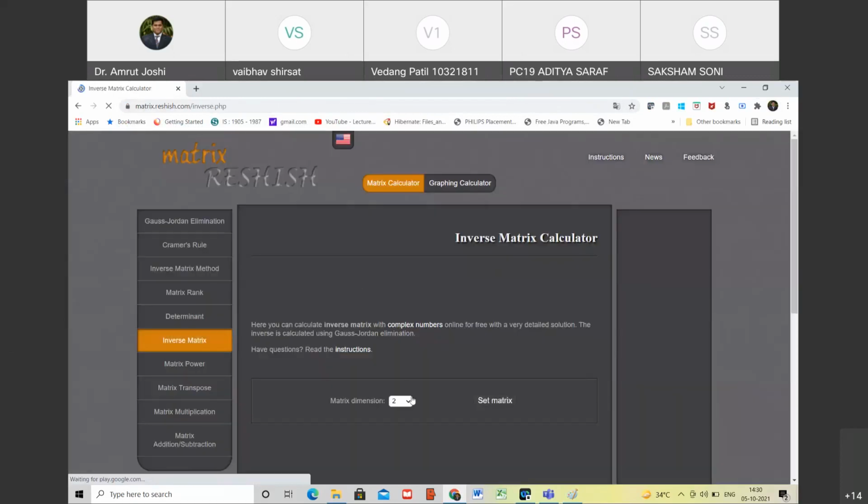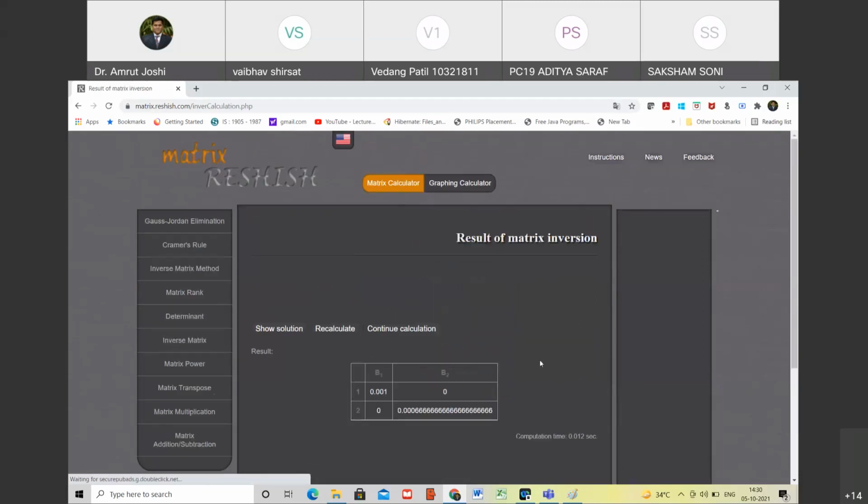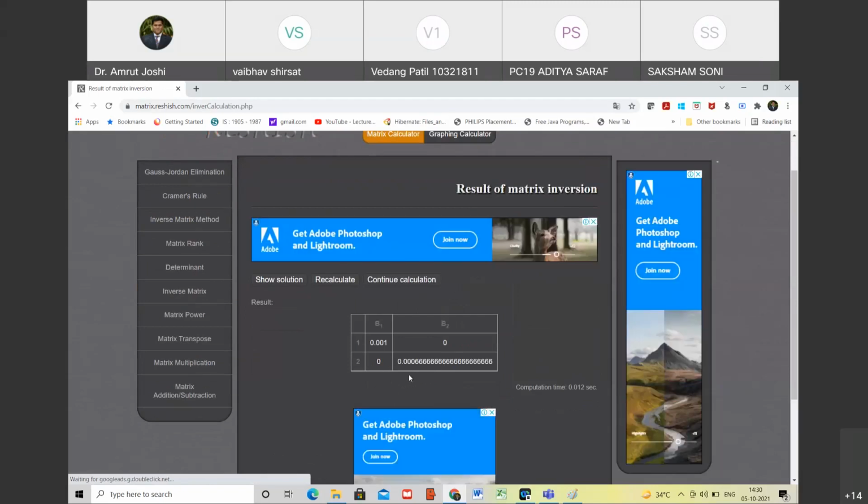So let us calculate the inverse of the M matrix. So what is the M matrix? 1000, 0, 0 and 1500. Happy? Are you with me? Yes, yes.